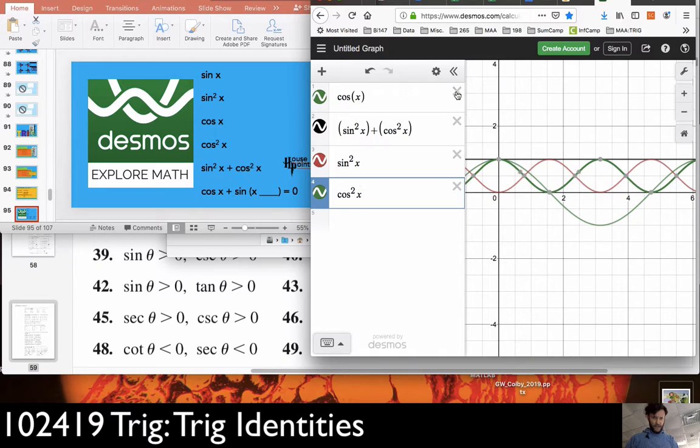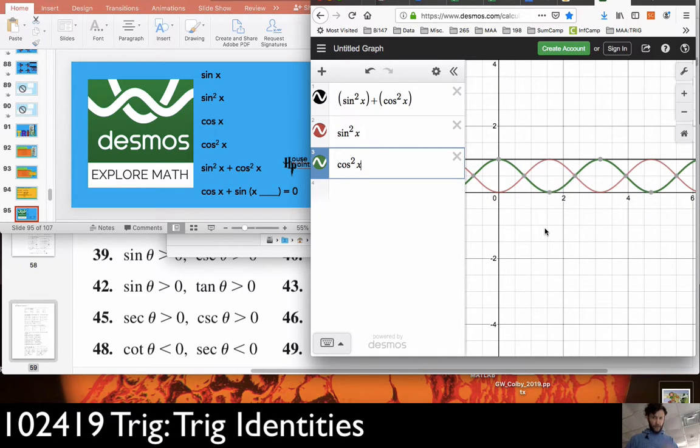And let's just get rid of the sine and the cosine. We don't need that on there. So we can see graphically how sine squared plus cosine squared equals 1. Right? If we add the red and the green to one another, it's going to add up to the black line, won't it? If you add whatever value the green is at to whatever value the red is at, it's going to be 1. Do you guys see how that works?